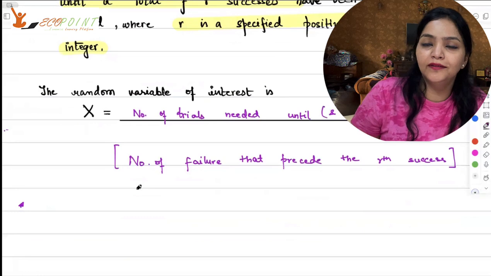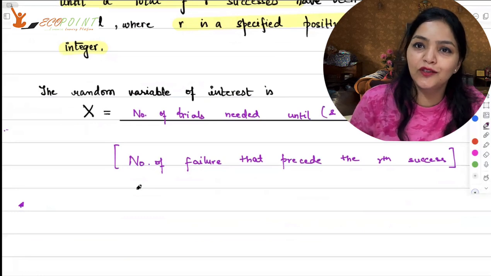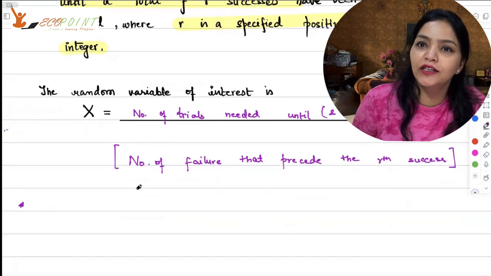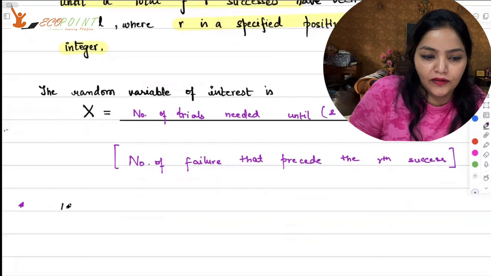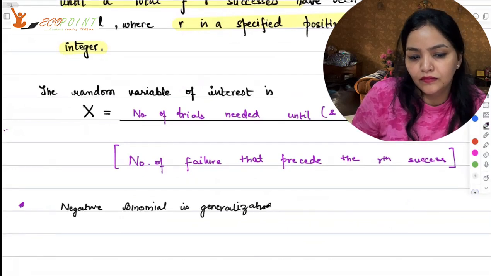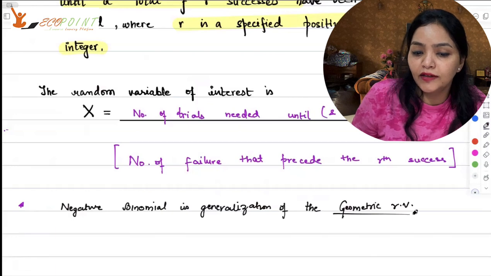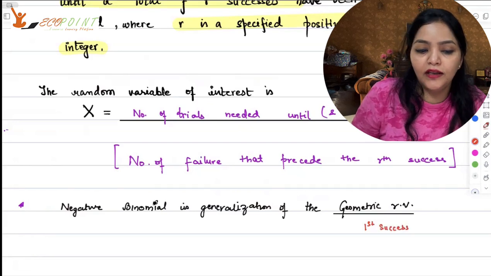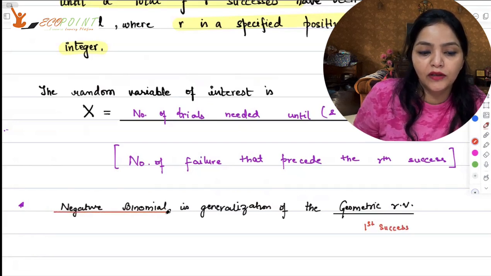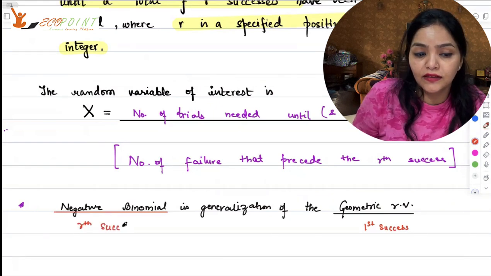If you observe, negative binomial distribution is just a generalization of the geometric random variable, in the sense that in geometric random variable, we talk about the number of failures preceding the first success, whereas in negative binomial, we are talking about the number of failures preceding the rth success.